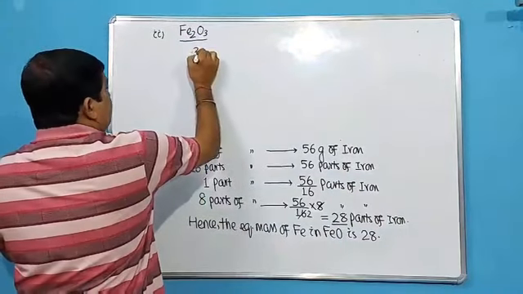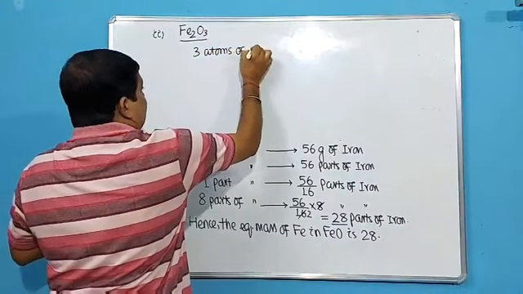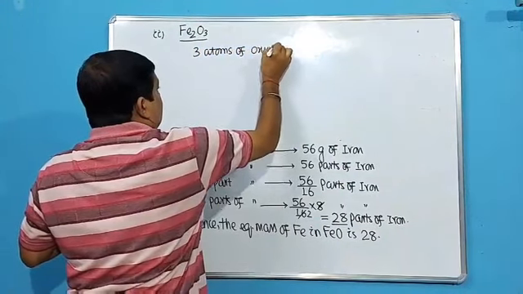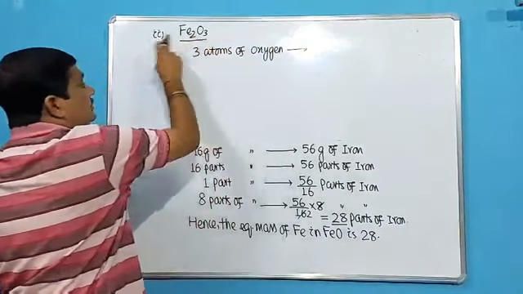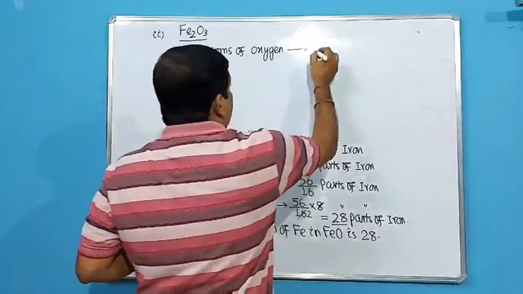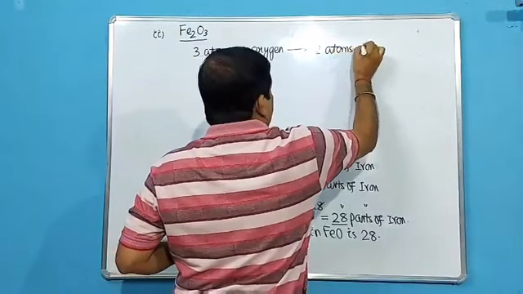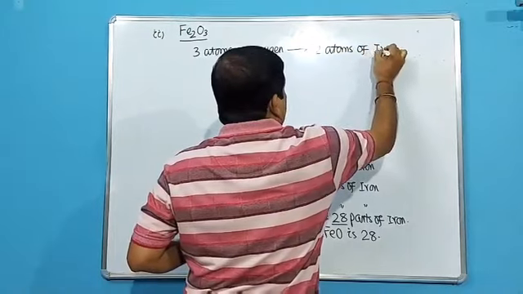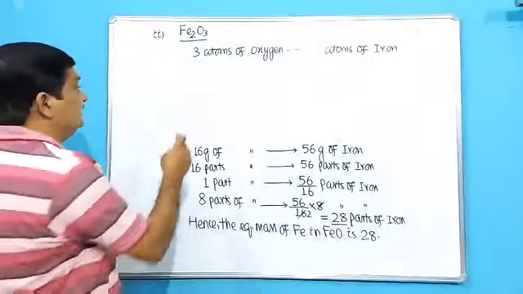3 atoms of oxygen combine with 2 atoms of iron. Then we will go for atomic mass.